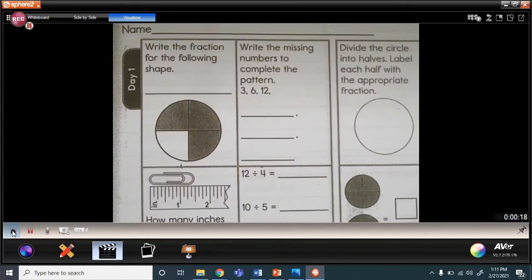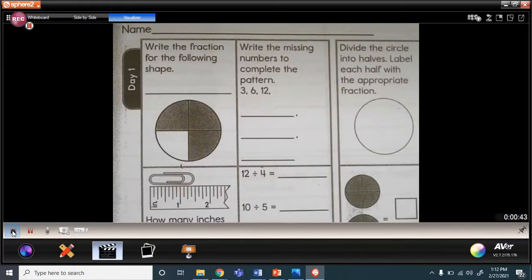So let's take a look at our DMA problems for today. The first problem is a fraction, and it says, let's write the fraction for the following shape. Now we're going to assume that they are talking about the parts that are shaded, okay? So we know that this figure is our circle.